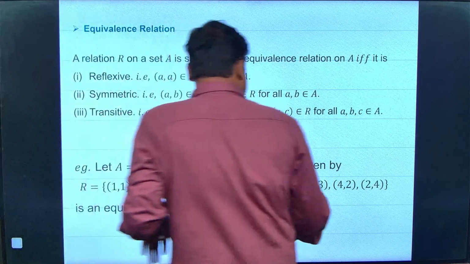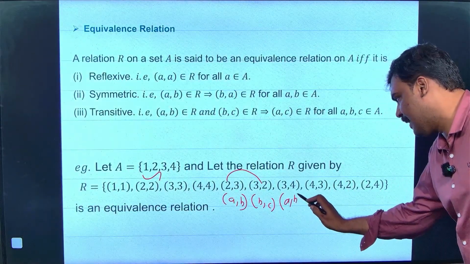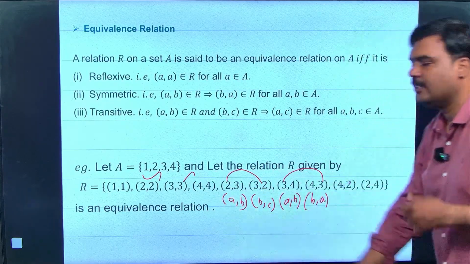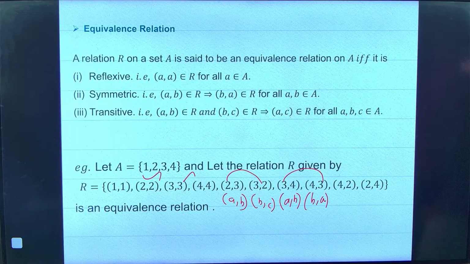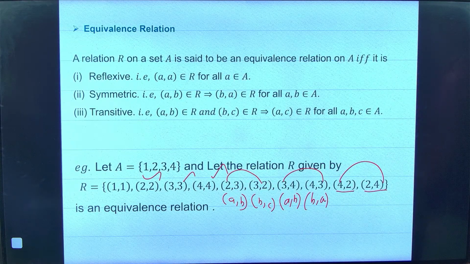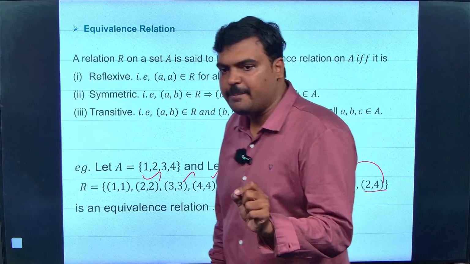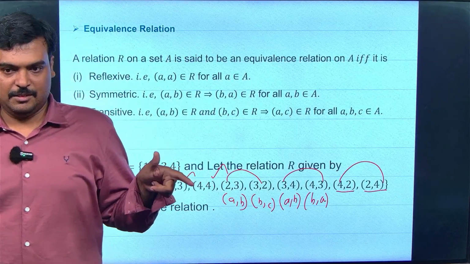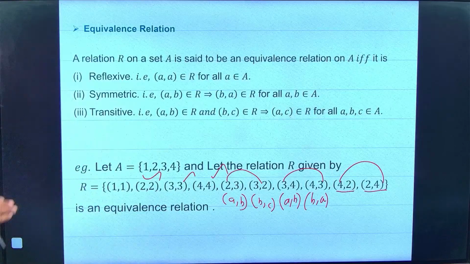I have (a,b) as this one, and (b,a) as this one, and (3,3) already present here, so no need to worry. (4,2) we have, and (2,4) we have, and (4,4) is already present here. Right? Whether we can conclude this to be transitive? Yes. The transitive will fail only when (a,b) comes and (b,c) comes, but (a,c) doesn't come. புரிஞ்சுதா?